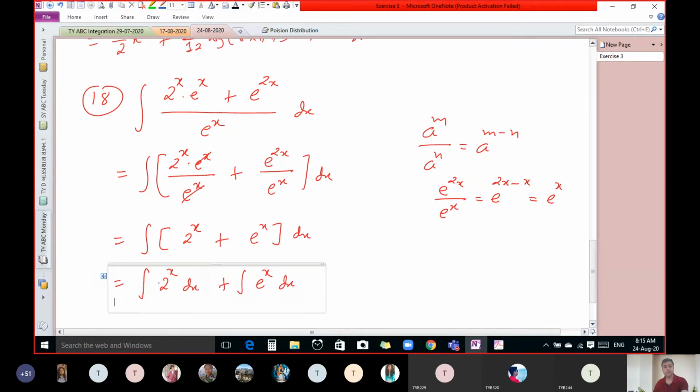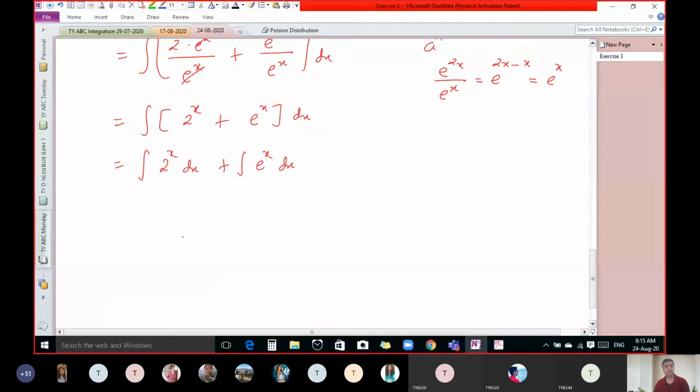And then, for this 2 raised to x, we have the result: integration of a raised to x is a raised to x upon log a base e.